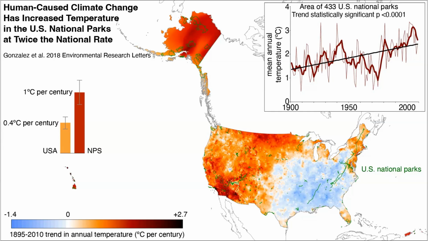That's about 5 degrees per century. And our research revealed that human-caused climate change has heated the national parks at more than twice the rate of the country as a whole. Here's the rate in the national park system, and here's the rate for the United States as a whole. That's the 50 states and overseas territories.